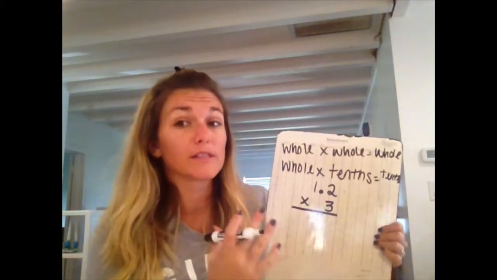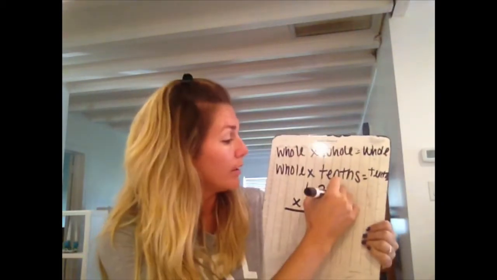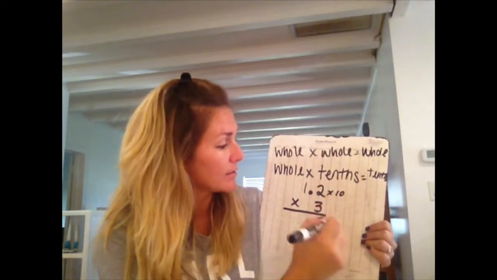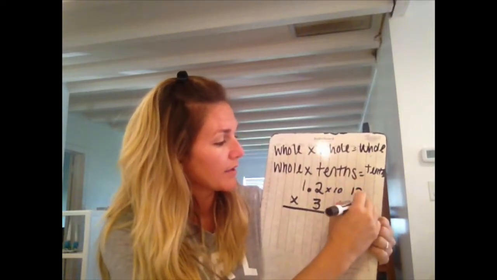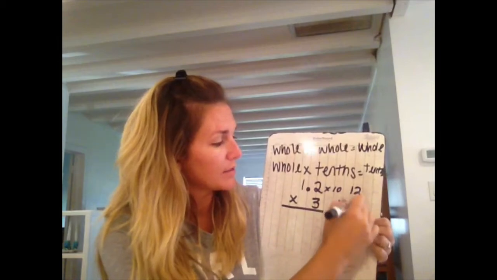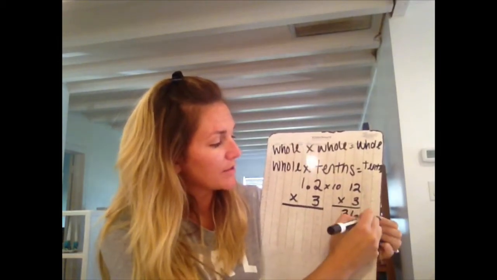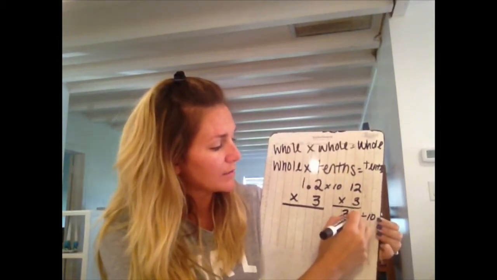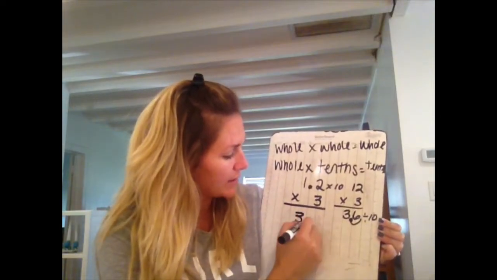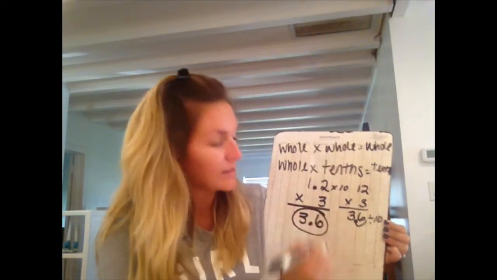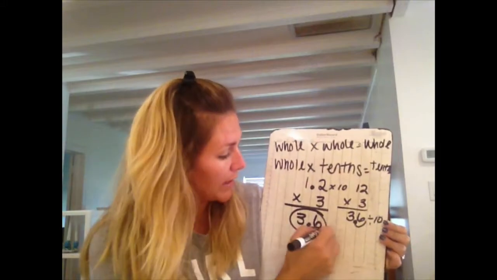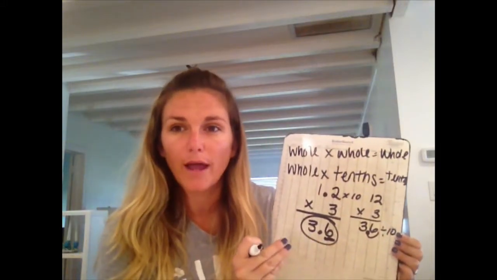The way that I would solve this is I would multiply this by 10 so that it is a 12, and think 12 times 3. I know 3 times 2 is 6, 3 times 1 is 3. Now I'm going to divide by 10, move that decimal point over, and my answer is 3 and 6 tenths, okay? I only have an answer to the tenths, okay?